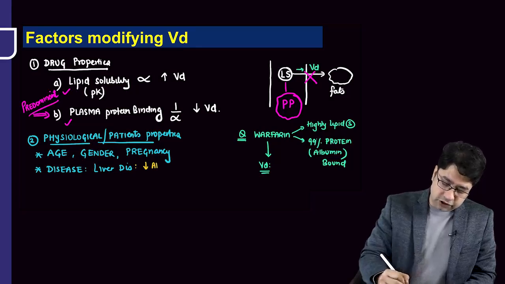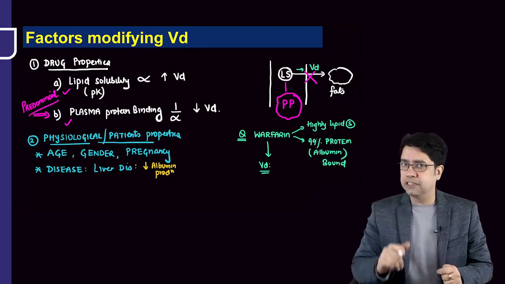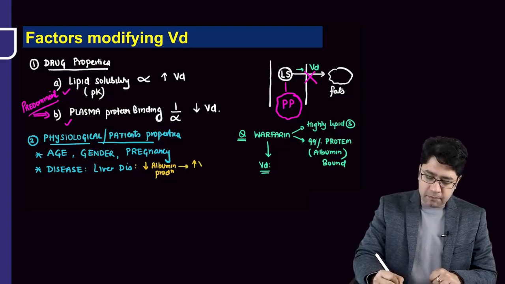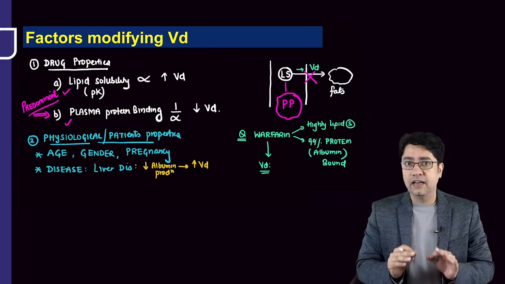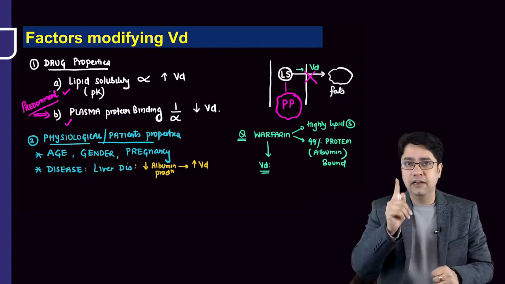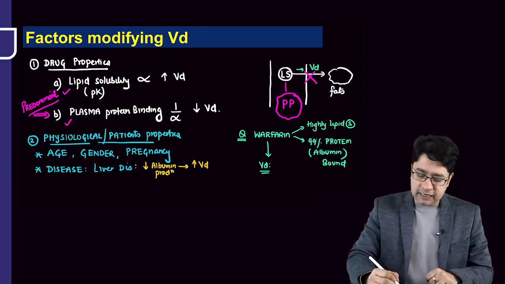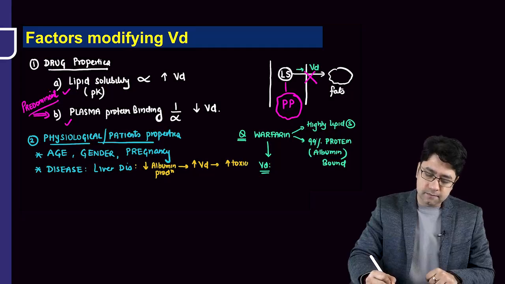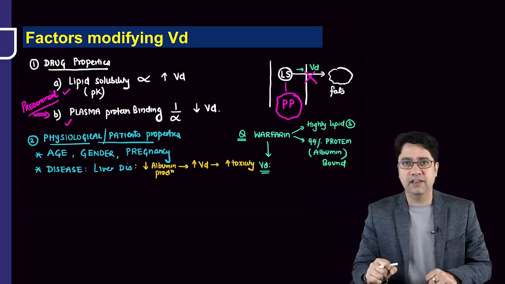Less albumin means less plasma protein binding, which means an increase in volume of distribution. And if a drug has a higher volume of distribution, it might enter unwanted organs and produce toxicity. That is why we reduce the dose of a drug in liver failure.